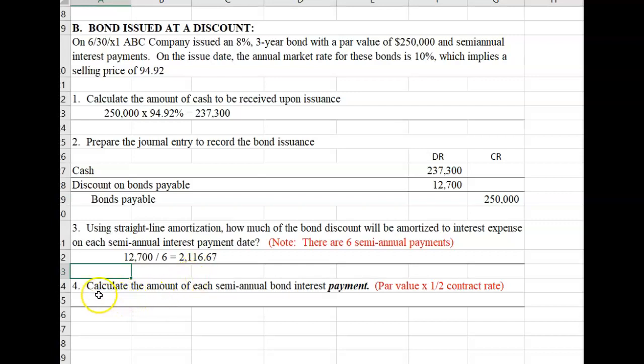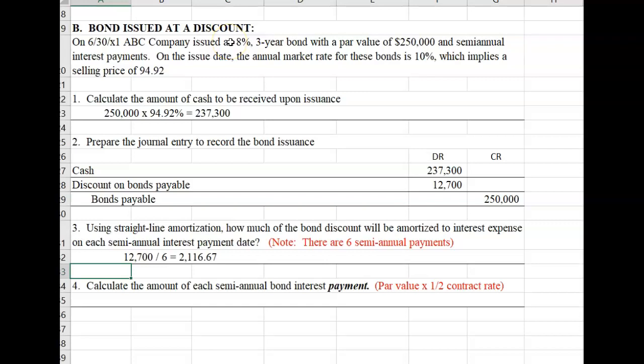The next, number 4, says calculate the amount of each semi-annual bond interest payment. And remember, we talked about in the prior video, always the amount of the bond interest payment is the par value times 1/2 of the contract interest rate. The par value is $250,000. The annual contract interest rate is 8%.